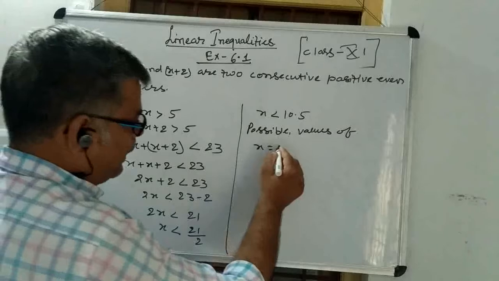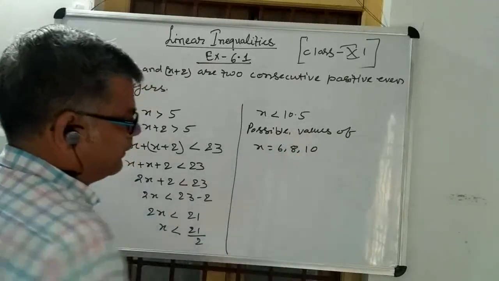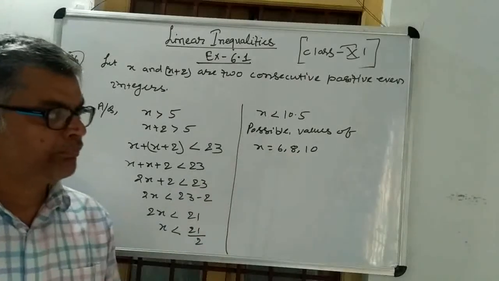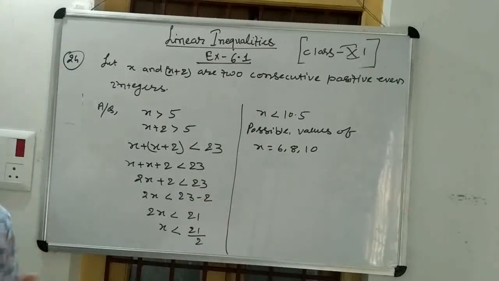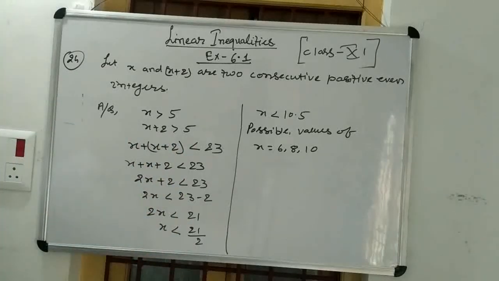Even numbers, so you can take 6, 8 and 10. We got the three possible values of x.